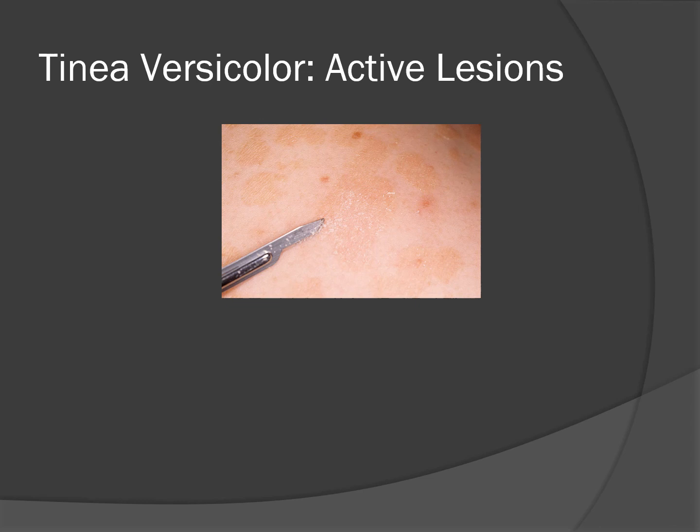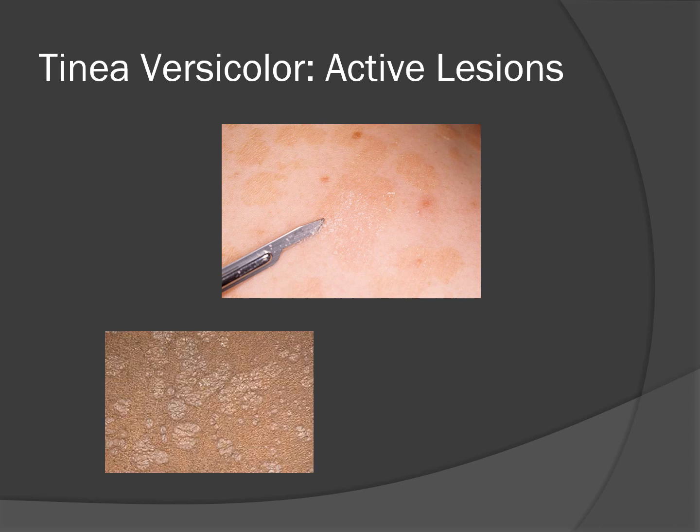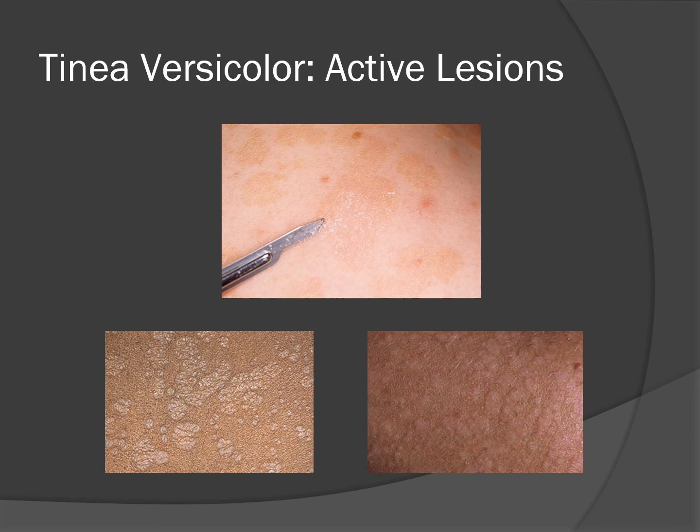Active lesions of tinea versicolor tend to have this very fine scaling on its surface. And sometimes we can see it as these faint white scaling on the surface of a very slightly elevated lesion that the patient symptomatically will say becomes red or itchy when they perspire.